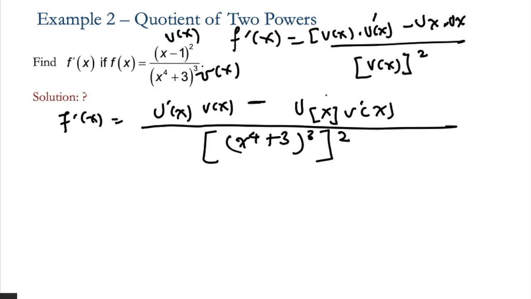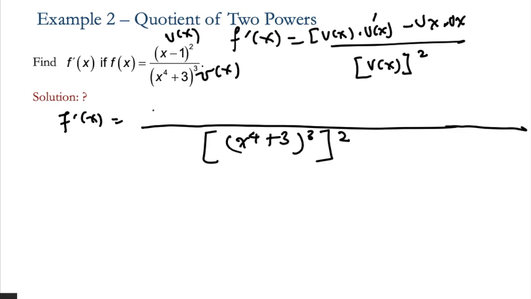Okay, so in this case, for the first one here, how do we write? And for the second one here, how do we write? Let's look at it. We differentiate u(x) first, which is this one, but we write this one as the same.